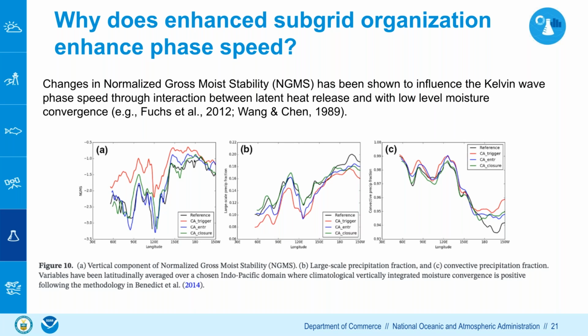And this has been shown in other studies to be related to the split between resolved and subgrid precipitation fraction. In general, if you have a reduction in large-scale precipitation and an increase in convective precipitation, it tends to change this measure.